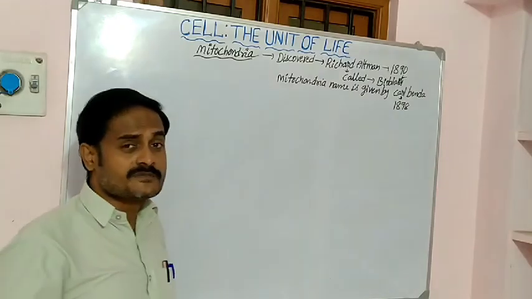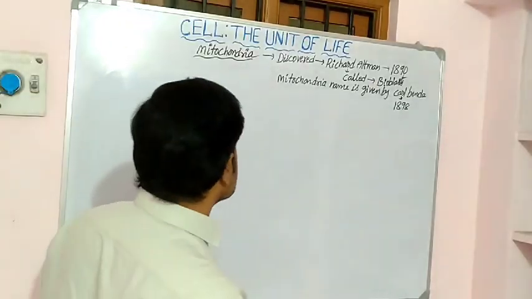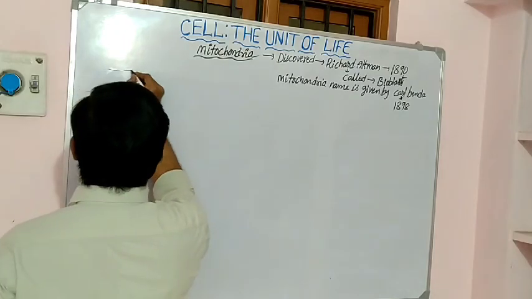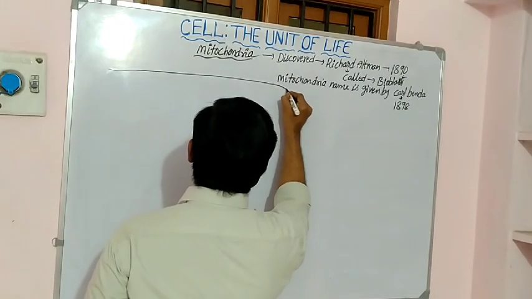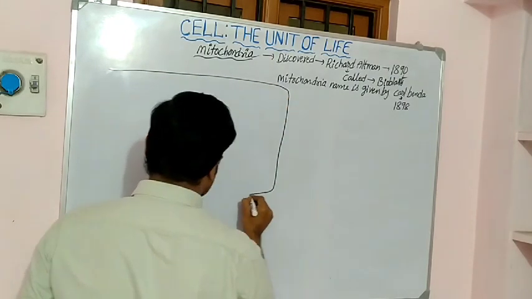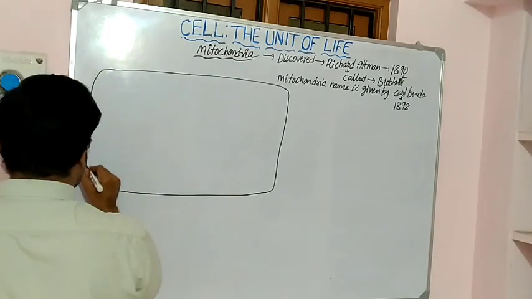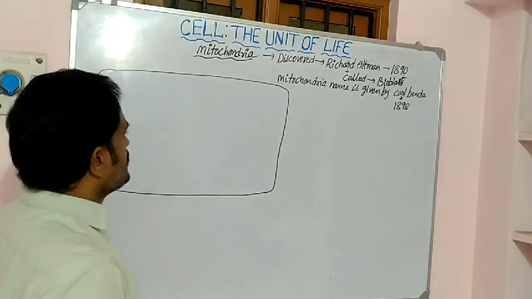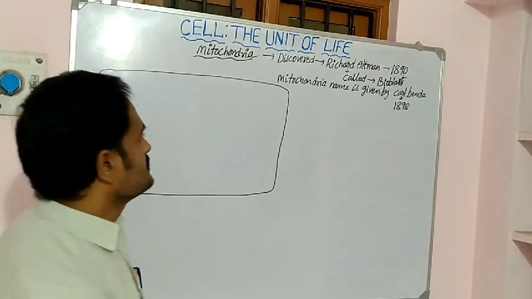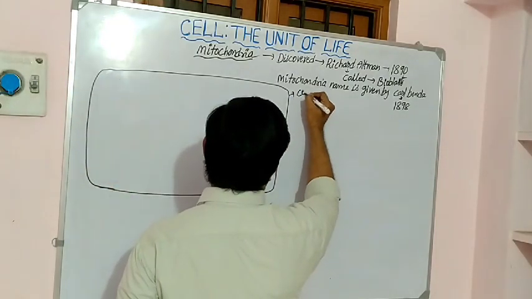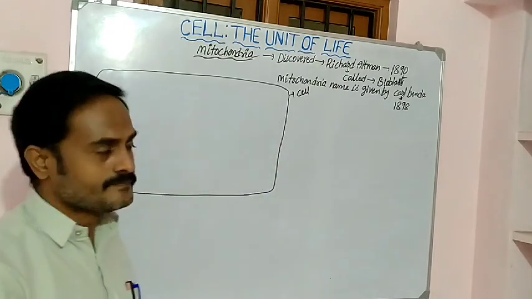They have some special characters. See how they look like. First, I will draw the cell diagram. Suppose this is one cell, either a plant cell or an animal cell, any one cell.